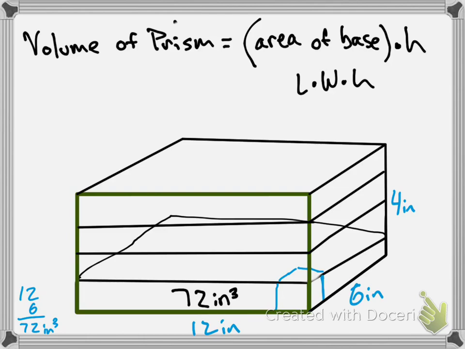So if I apply that to this particular shape, I would have 72 inches cubed, and I am going to multiply that by 4 total layers. And that should give me a total of 288 inches cubed, or cubic inches, that will fit inside of that box.